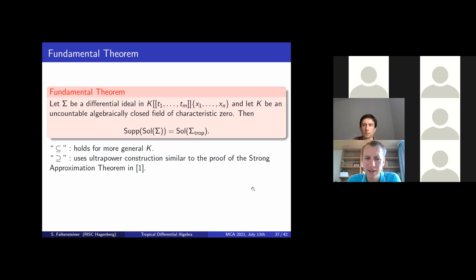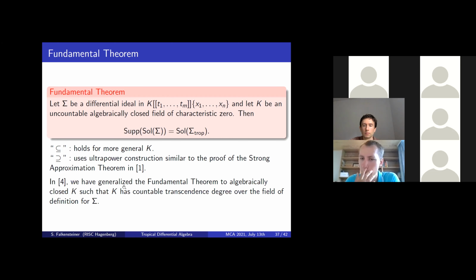And recently we have generalized this approximation theorem in Denef and Lipshitz's work to some algebraically closed field, which has countable transcendence degree over the field of definition, whatever this is. So this can be slightly generalized.